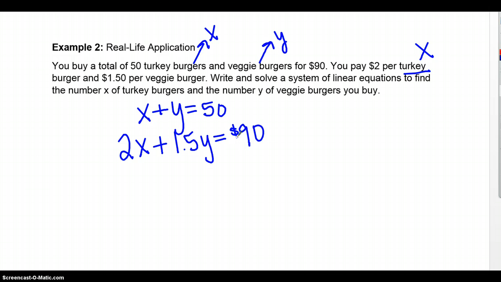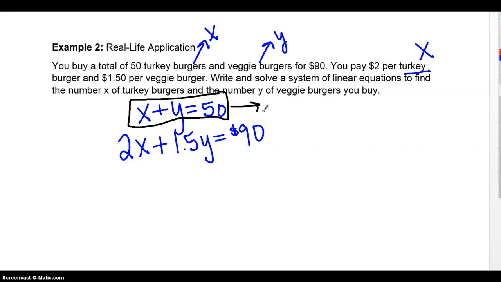Okay, now you need to do substitution on this one. That's the method I want you to use. But what you will notice is there is not one equation that is already set up as x equals or y equals. But what you need to know is that you can always add or subtract the same thing to each side of the equation to get x or y by itself.